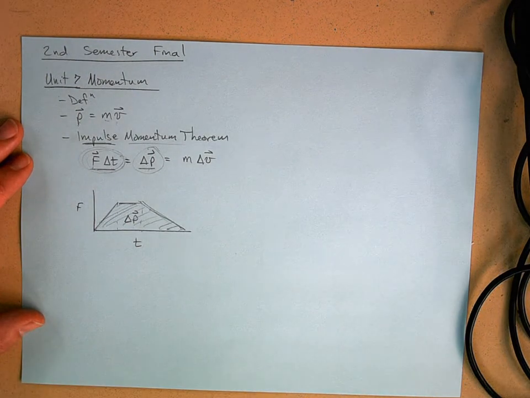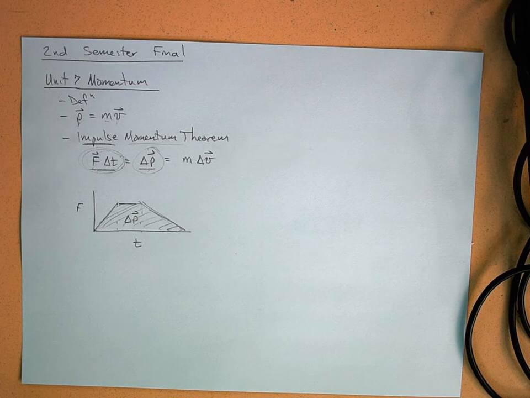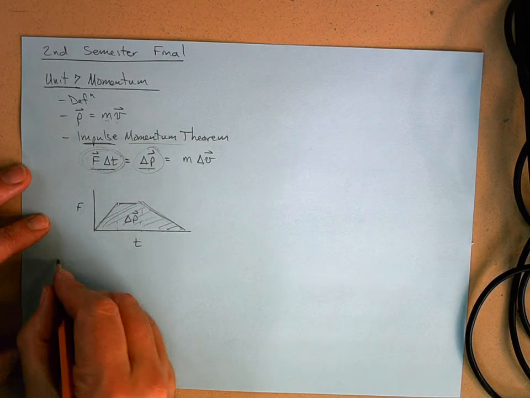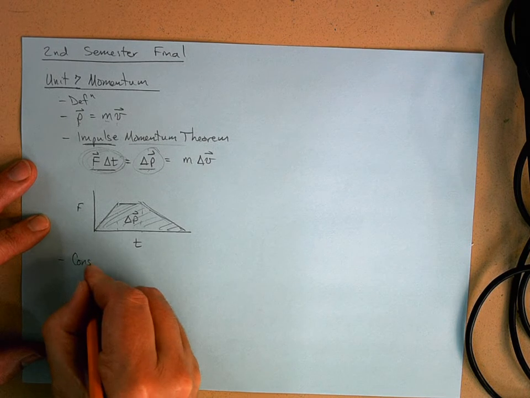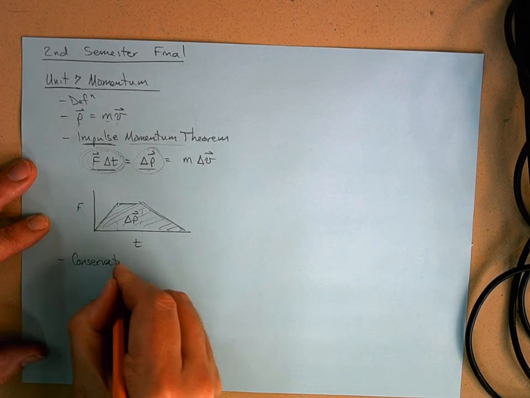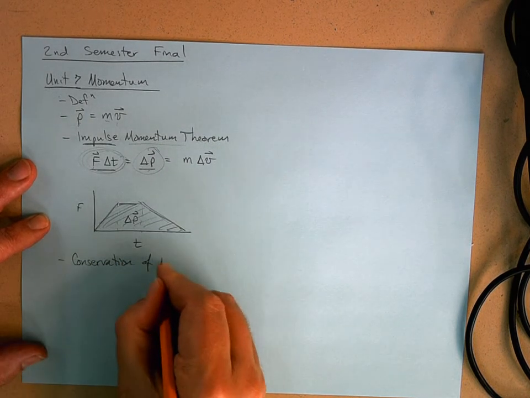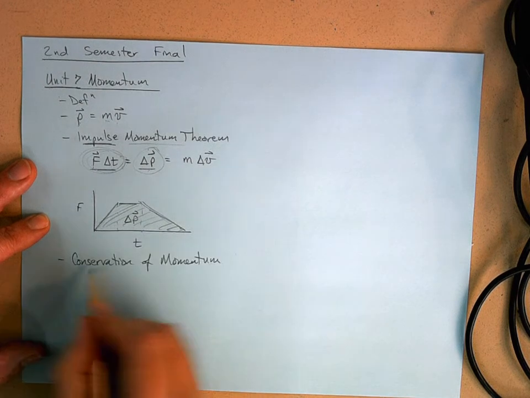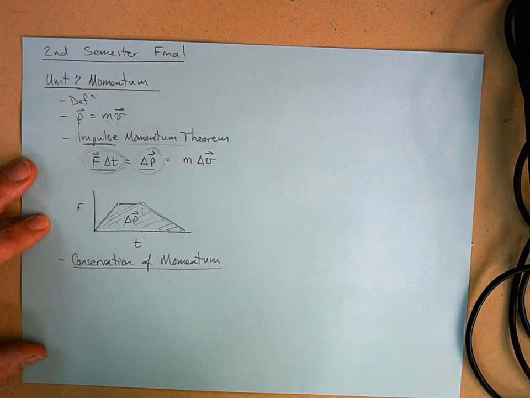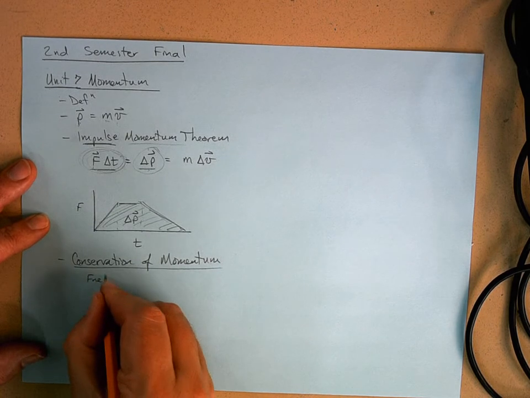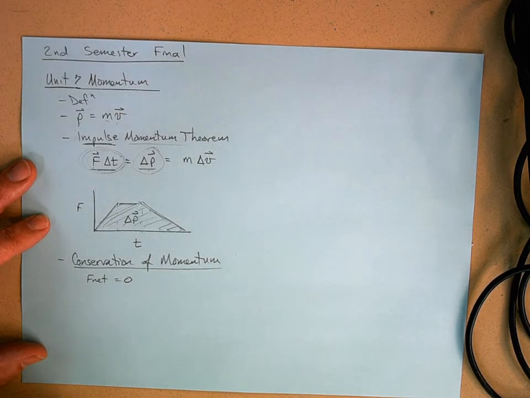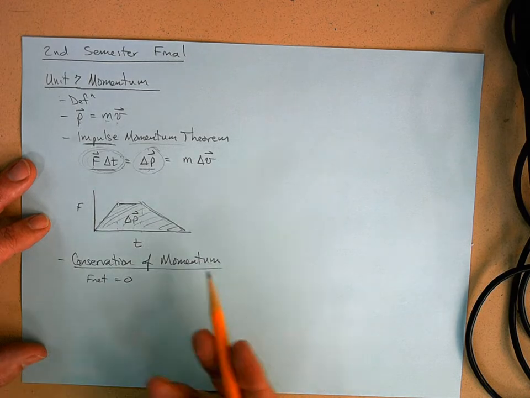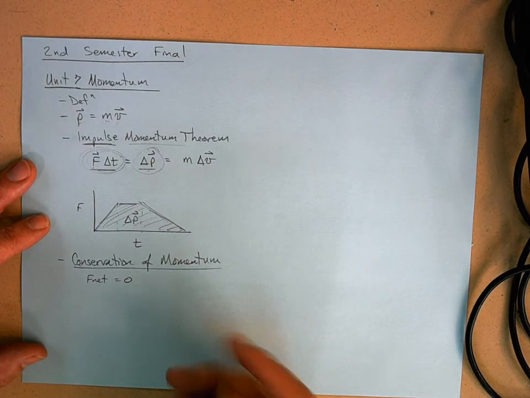Okay, and so that leads us now into conservation of momentum. When is momentum conserved? Well, if the net force on an object is equal to 0, then the momentum is conserved.